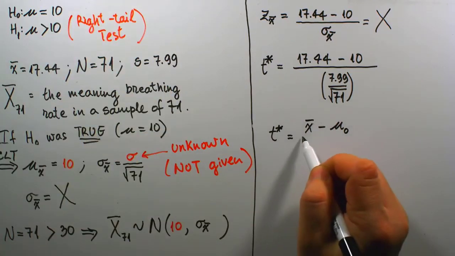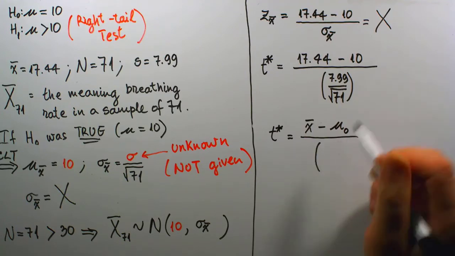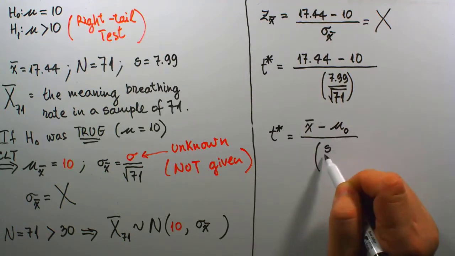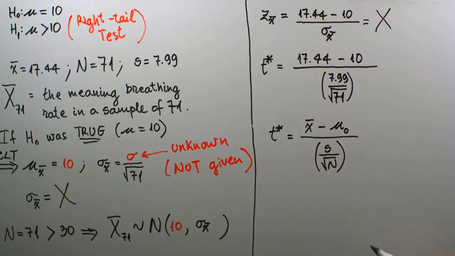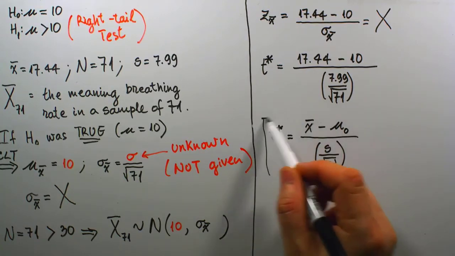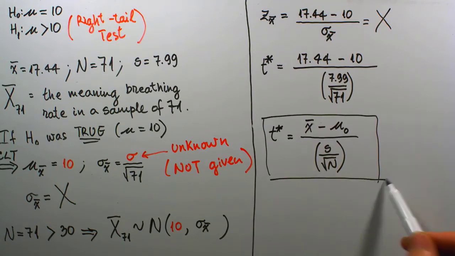And we're dividing that difference by S over square root of n. And that is the formula again for calculating T star.